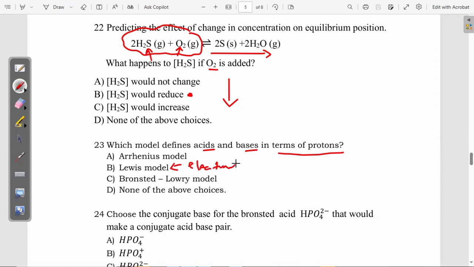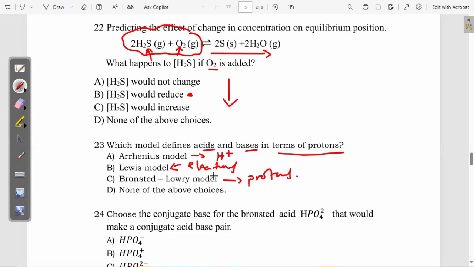The Arrhenius model is based on the hydrogen ion, and this one here is based on the protons. So that's how they move there. Make sure you know them. If you are talking about the Arrhenius model, you're talking about hydrogen ions. Lewis model, you're talking about electrons. And the Bronsted-Lowry model, you're talking about the protons. So make sure you know them in that way.